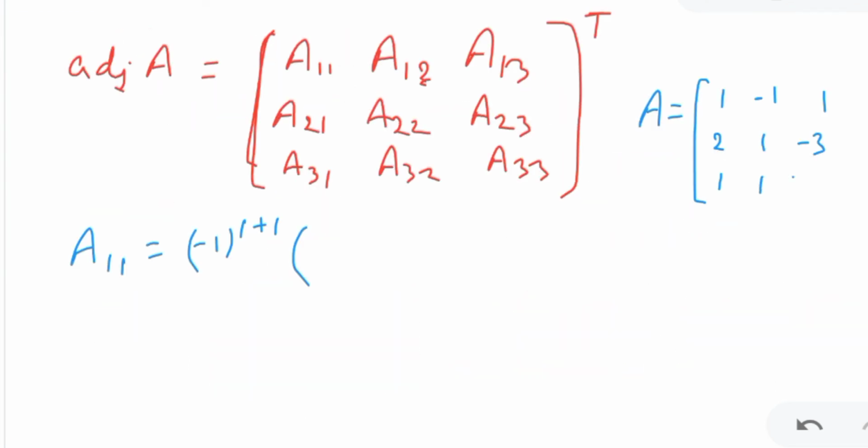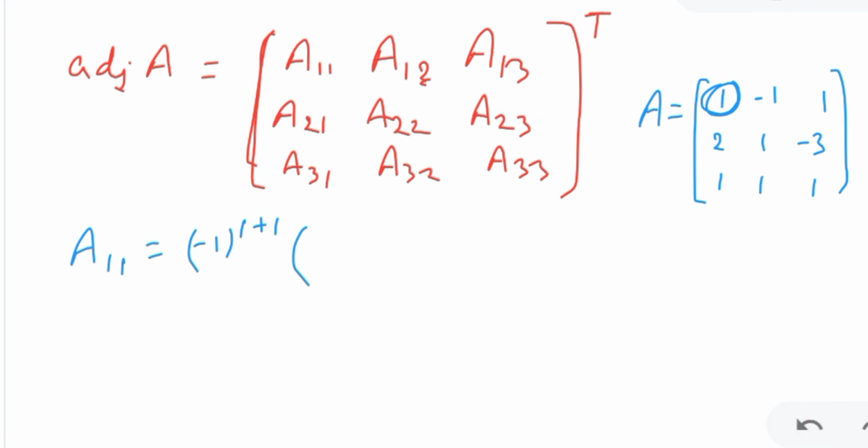Now for A11, for this element, this row and column will go. So 1 into 1 minus of minus 3 into 1, so 1 into 1 is 1, and minus plus 3, 1 plus 3.